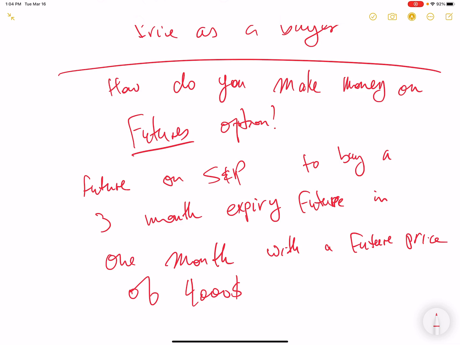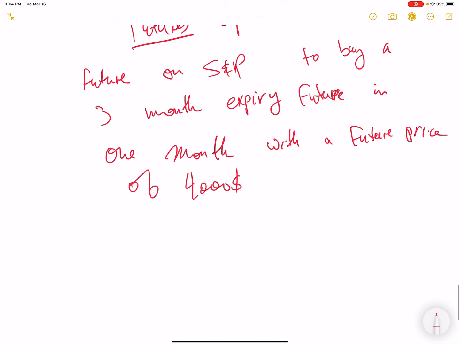So now there are two scenarios. What will happen in 3 months?